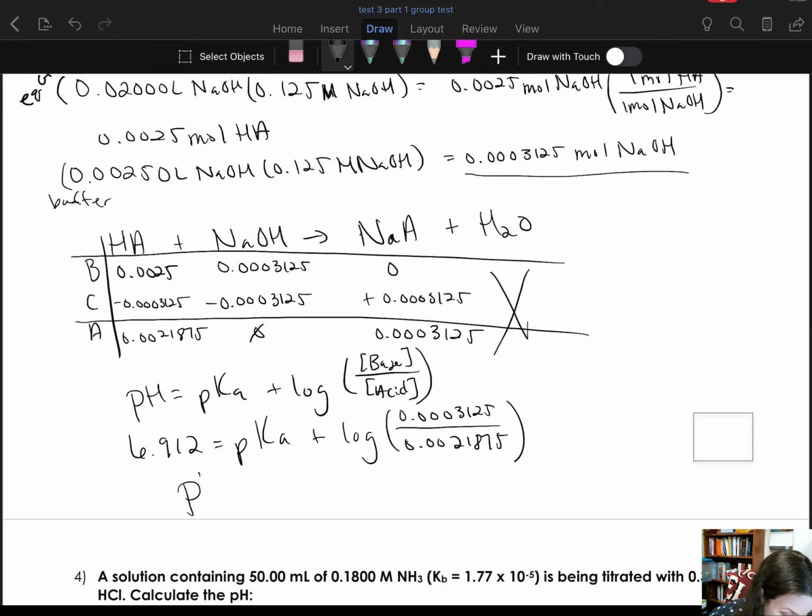Using this, I get a pKa value of 7.76. Ka is equal to 10 to the negative pKa, so it's 10 to the negative 7.76, which gives me a Ka value of 1.75 times 10 to the negative 8.